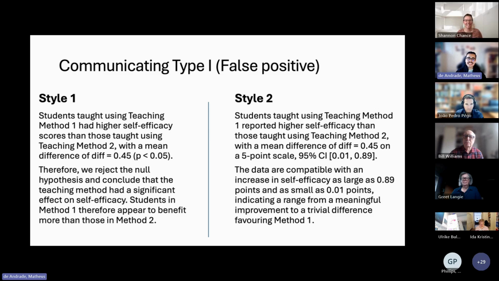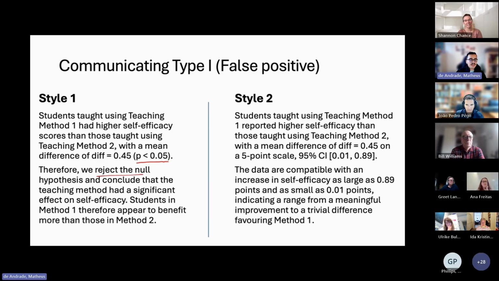And there is, I'm sorry for the pun, a significant difference between these two styles, right? The first style sounds like a robot, you know? They talk about a mean difference, but they don't talk about the p-value exactly. They just say that it's smaller than 0.05.